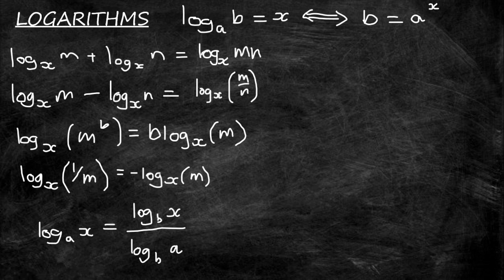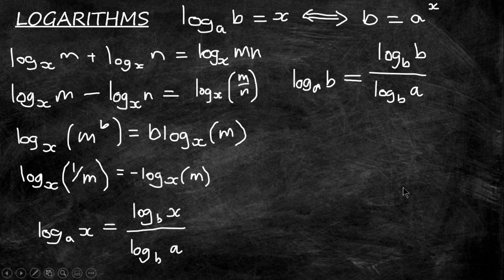And then there's one more special rule that we can discover using the change of base rule. So we can try and rewrite log base a of b using the change of base rule.